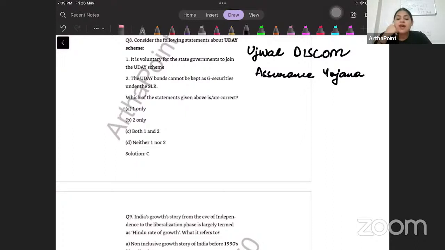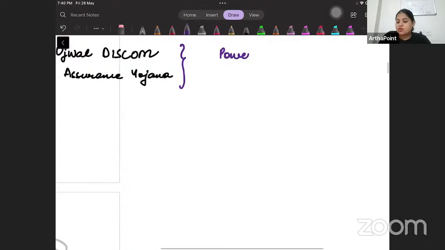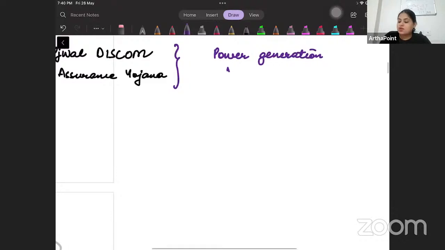ठीक है, अगर मैं पावर सेक्टर की बात करूं, if I talk about the power sector, the power sector basically has 3 levels. एक होता है पावर जनरेशन, right? Second is power transmission. Power generate तो how will that be transmitted?